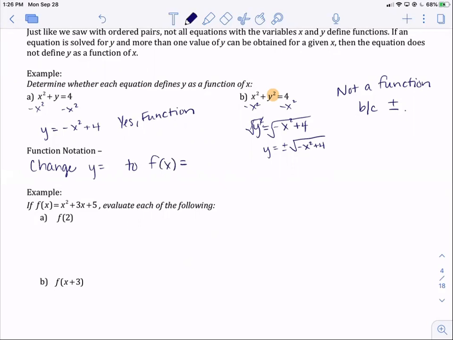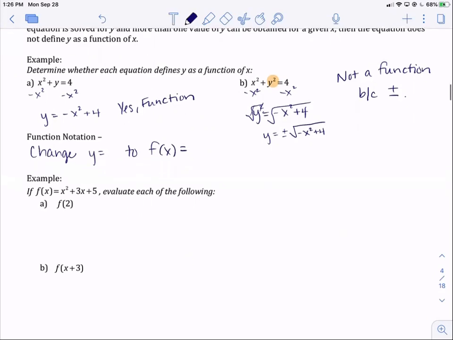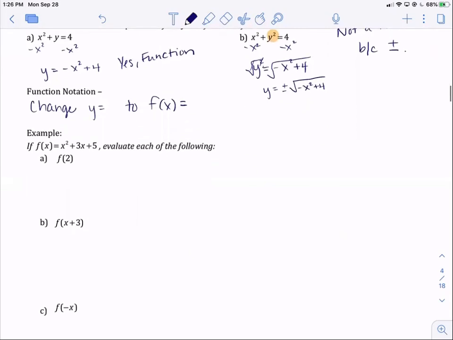So if we look at this example, if f of x equals x squared plus 3x plus 5, evaluate the following. So f of 2. So instead of x, what are we plugging in? 2. So we're going to let x equal 2.